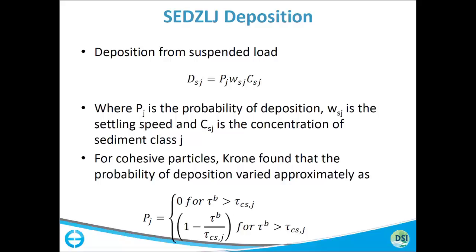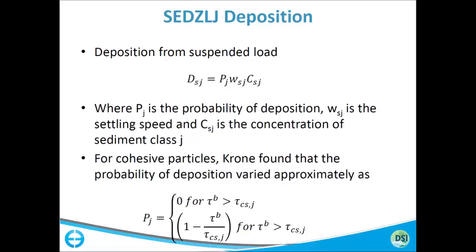And in the SEDZLJ model right now, Krone's approach is used, and basically you have a critical shear stress of deposition for your material. And what this is calculating is that if your shear stress is greater than your critical shear stress of deposition in the bed, then you have 0 probability of deposition.